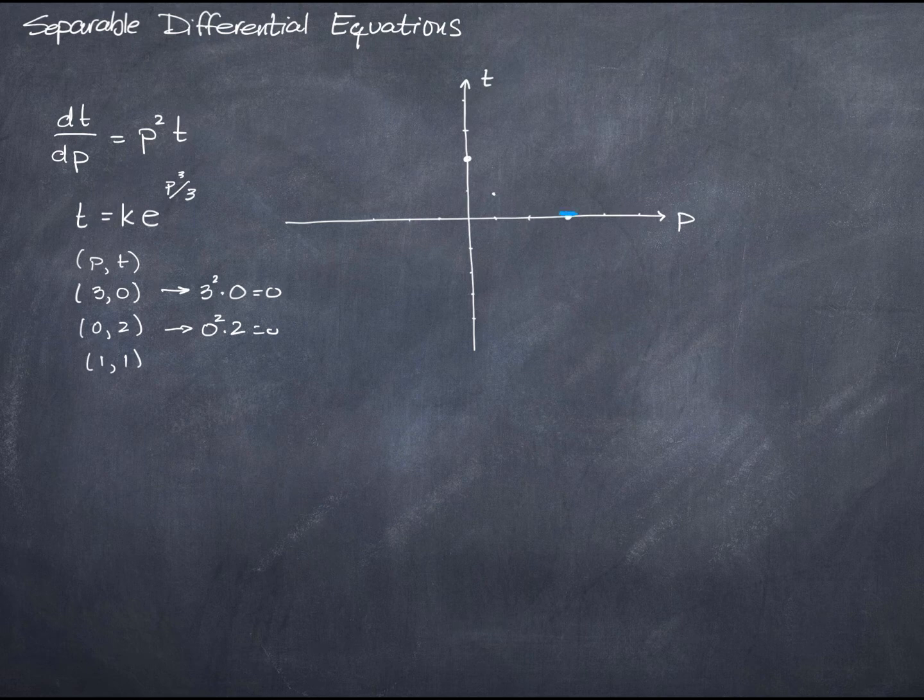It's a little exaggerated because it's hard to distinguish it from the axis otherwise. At 0, 2, my slope is also 0. At 1, 1, however, I have 1 squared times 1, which is 1. And that slope is here. That's a slope of 1 at that point.